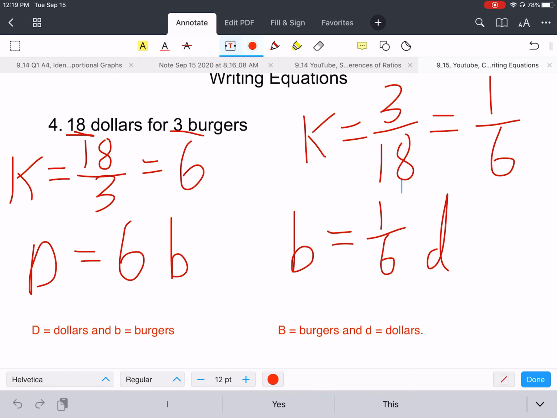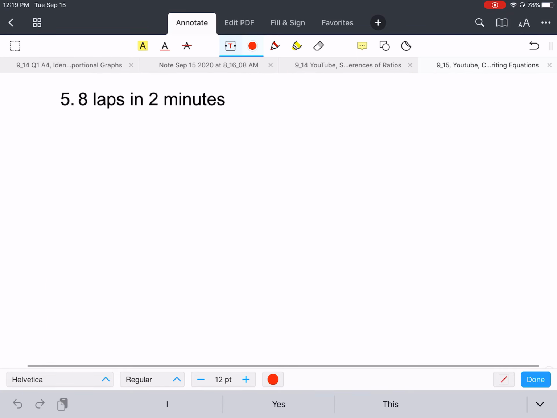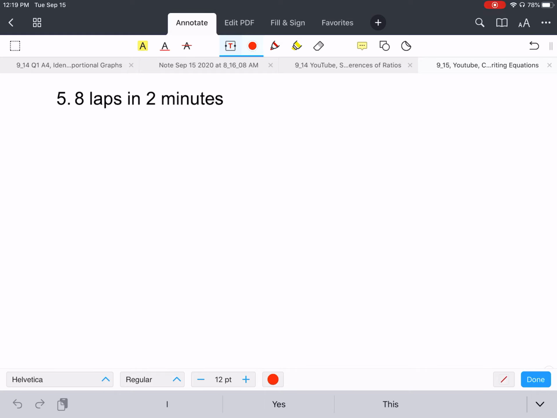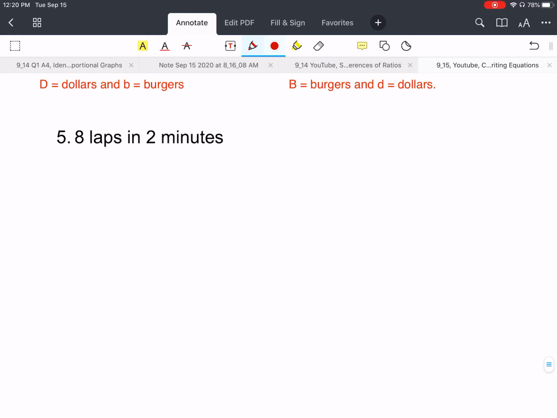One more example. Here we have 8 laps in 2 minutes. So for those of you who are choosing laps to be the y value, you would have k equaling 8/2, and that would equal 4. And you would probably have the equation of L equals 4m.